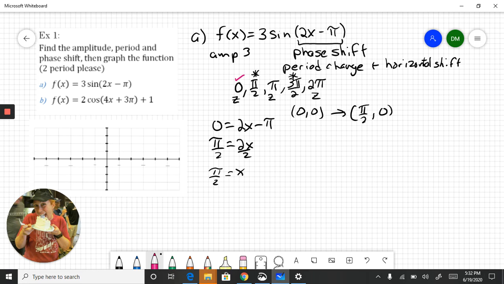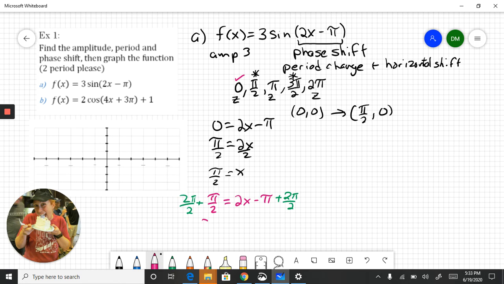The next one, pi over 2. Set that equal to x minus pi. Add pi to both sides. So what I'm going to do is instead of adding pi, I'm going to add 2 pi over 2 because I'm finding a common denominator for what's on the other side. So I'm planning ahead.